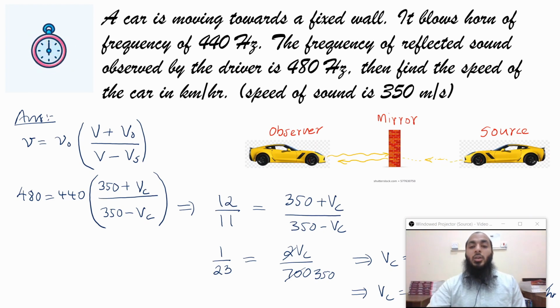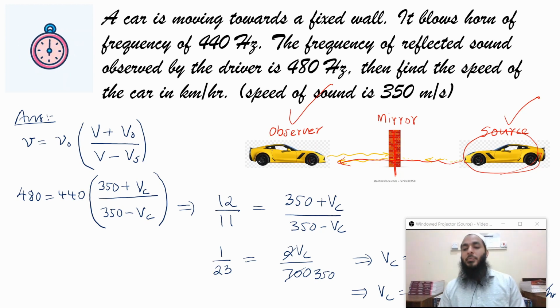Now the sound wave produced by this car gets reflected by the wall, so it can be assumed as being reflected by a mirror. That means this is the image of the car, so it seems as if the sound is coming from this side. So this will become the source and this will become the observer. Okay, this is a very important concept here.